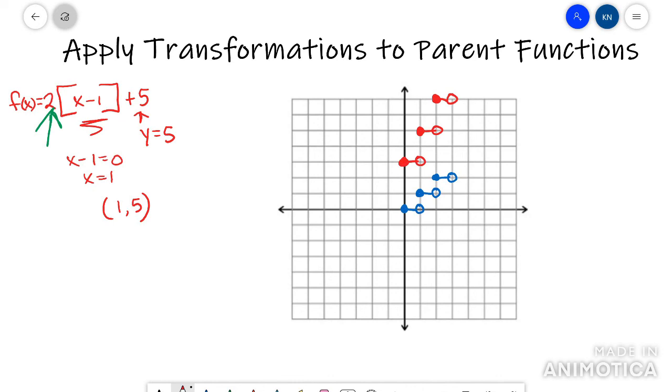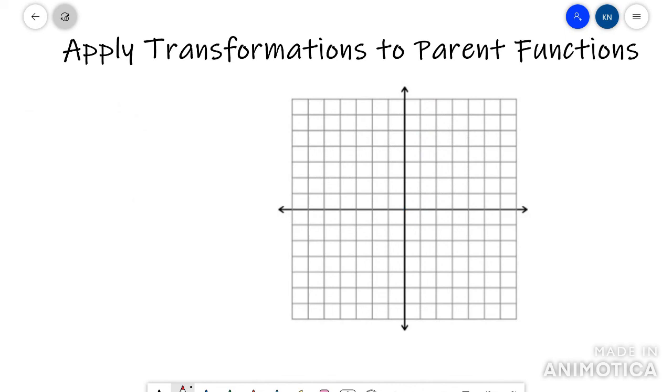I'll do one more of these with a negative. So let's imagine something like this. Okay, remember my greatest integer function had 0, 0, 1, 1, and looked something like this.